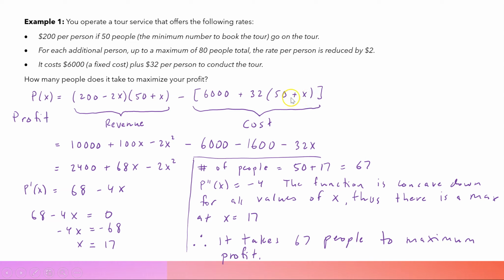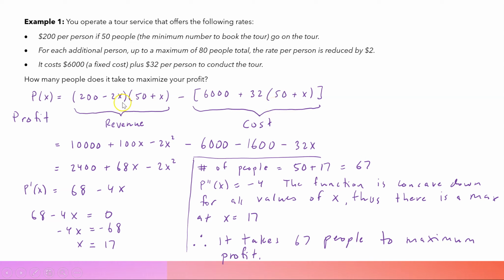Now the expression for the number of people is 50 plus x, where x represents the number of additional people on top of the 50. So 50 is the minimum number that will book the tour. So 32, which is the cost per person, times 50 plus x is the additional cost per person.